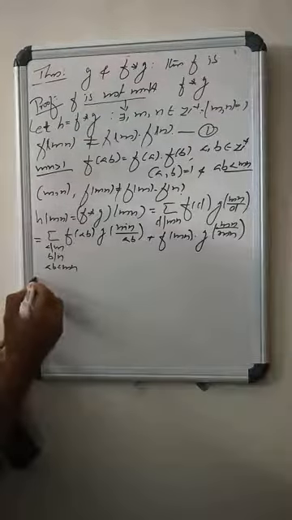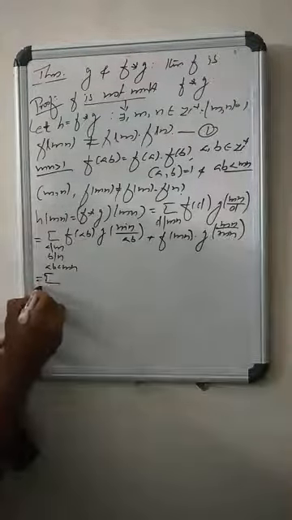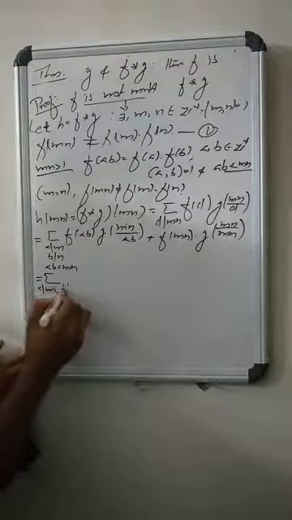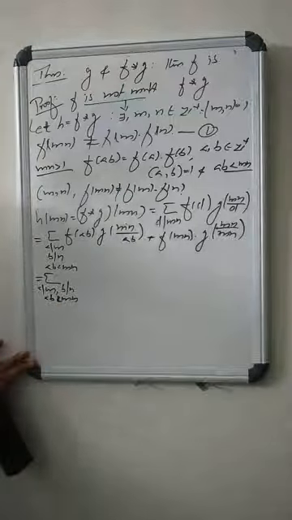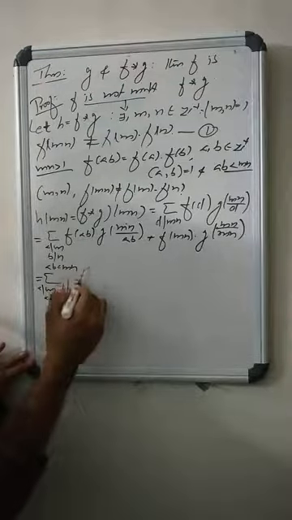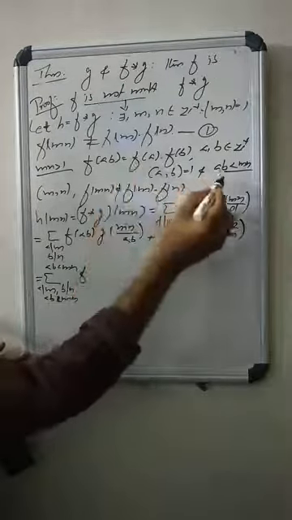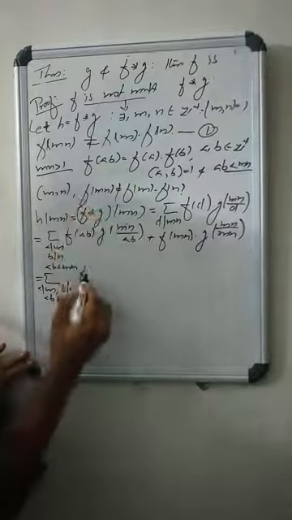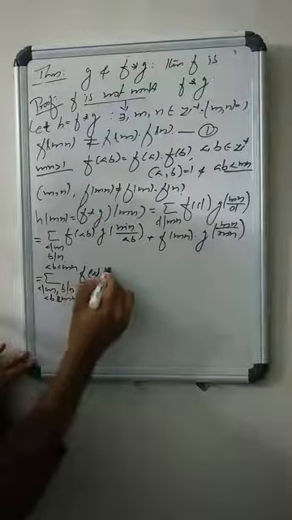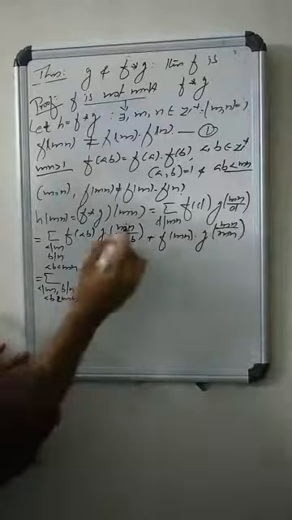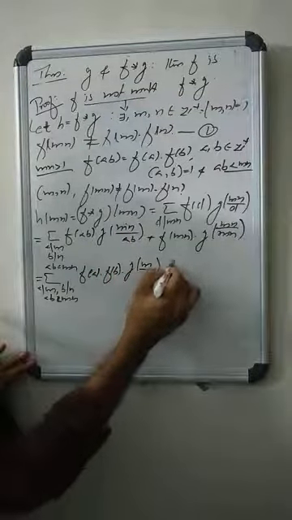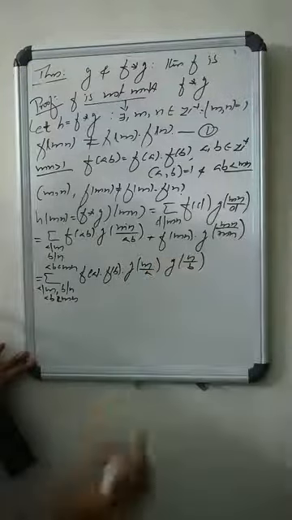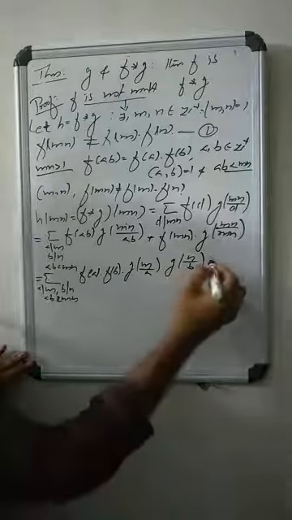That means it equals the sum over A dividing M, B dividing N, and AB less than MN. What is f of AB here? f of A into f of B when AB is less than MN. And g is multiplicative, which is already given, so it is g of M by A into g of N by B.